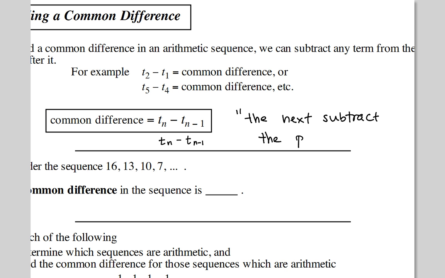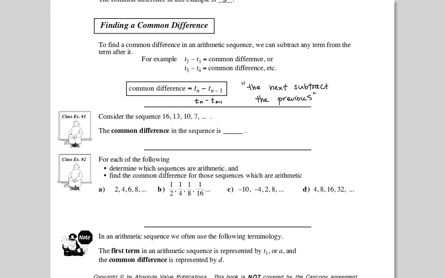And then if we're doing geometric, rather than subtract, what would we use? The opposite of multiply. Yeah, we would divide. We would take the next term, divide the previous, for geometric. So you'll have similarities between arithmetic and geometric, but there'll be some subtle differences.